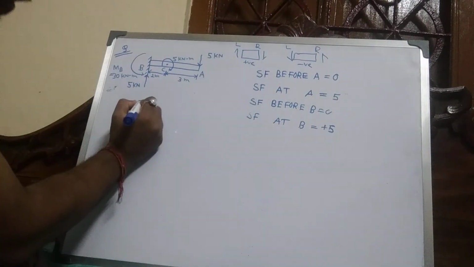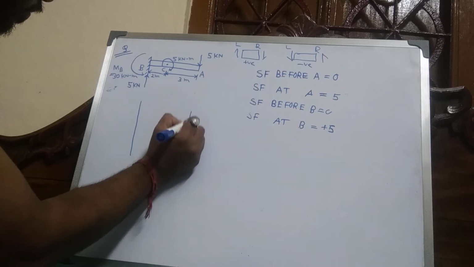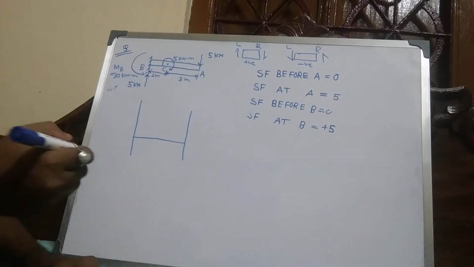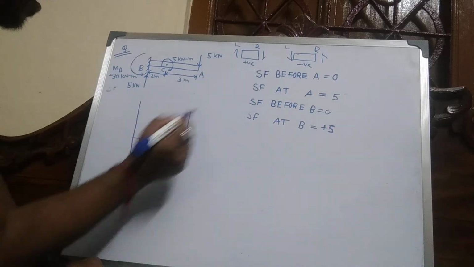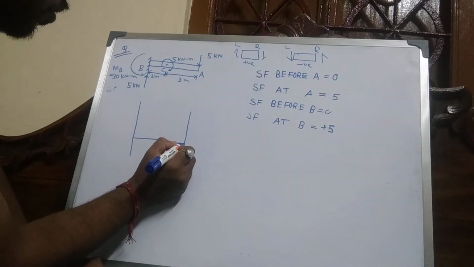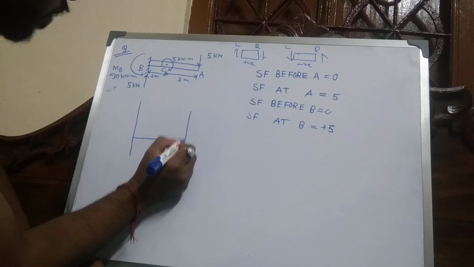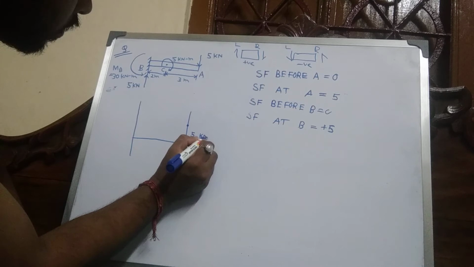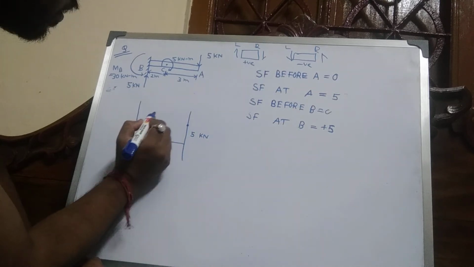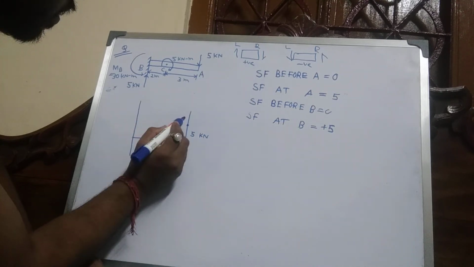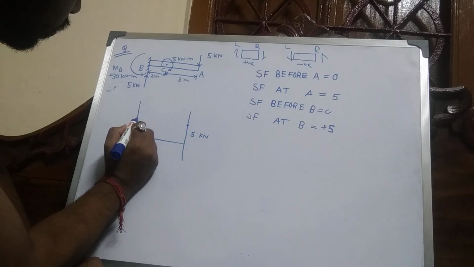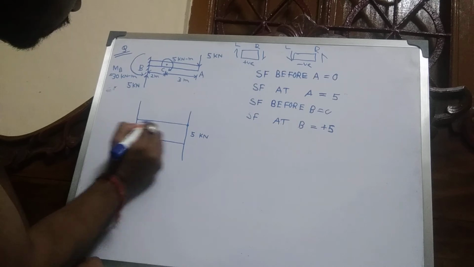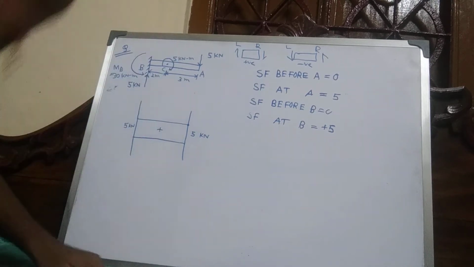So draw shear force diagram. Shear force is 0 before A, at A it is positive 5 kilonewton, and before B this is also 5, and at B this is also 5 kilonewton. This is positive plus.